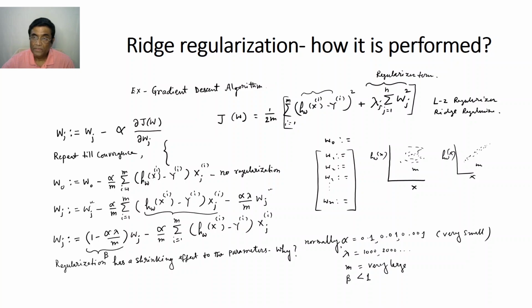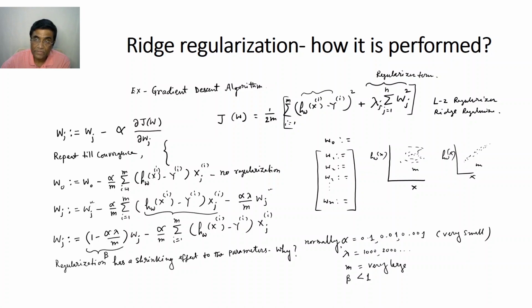So what is this lambda j? j means the feature, right? j equal to 1 to n. But normally lambda 1, lambda 2, lambda 3 are kept constant, one value lambda, otherwise there will be too many hyperparameters which you need to determine. So lambda is a hyperparameter.